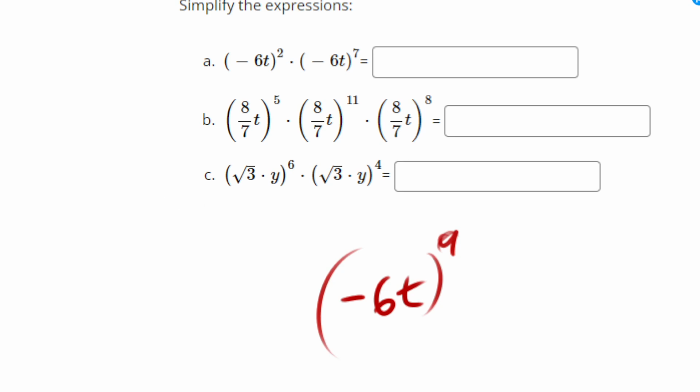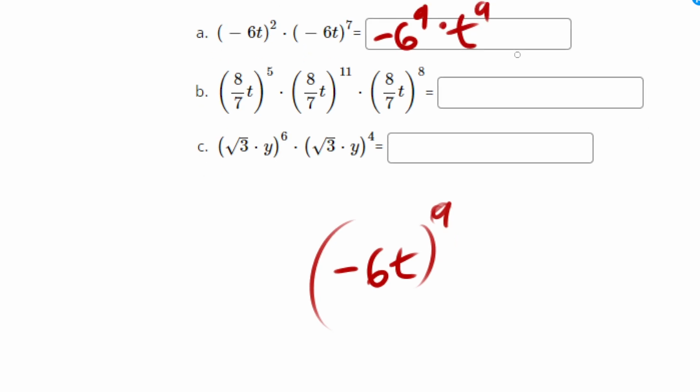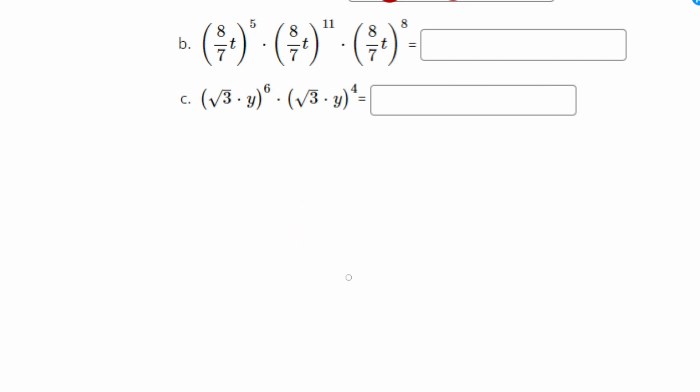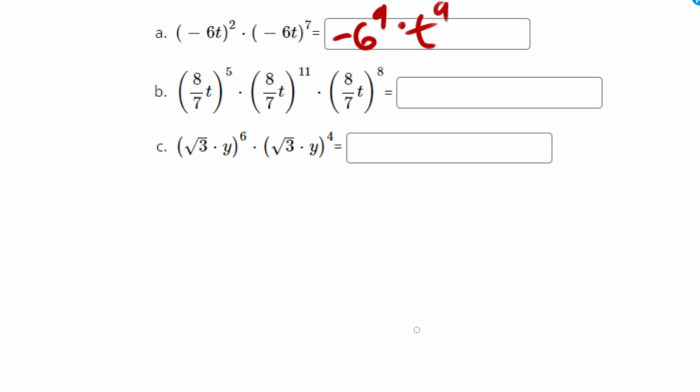So we have negative 6 to the 9th times t to the 9th. Okay, so the way that it wants it shown would be negative 6 to the 9th times t to the 9th, and that works. That would be correct.